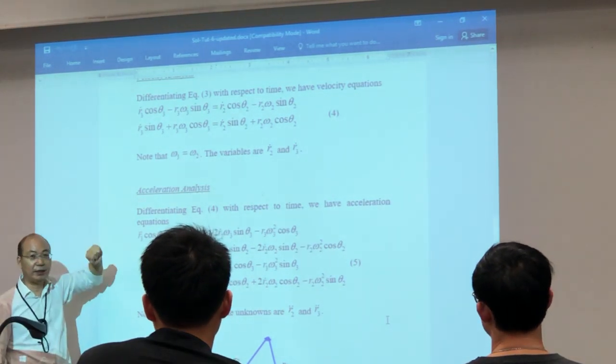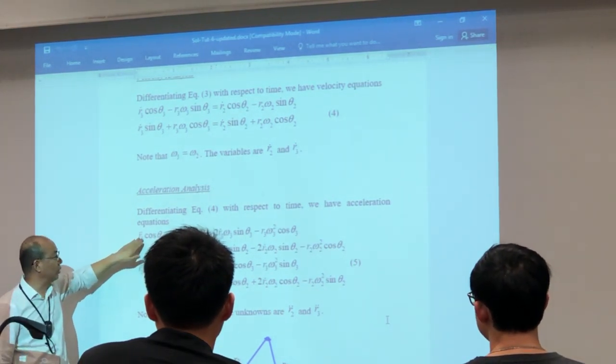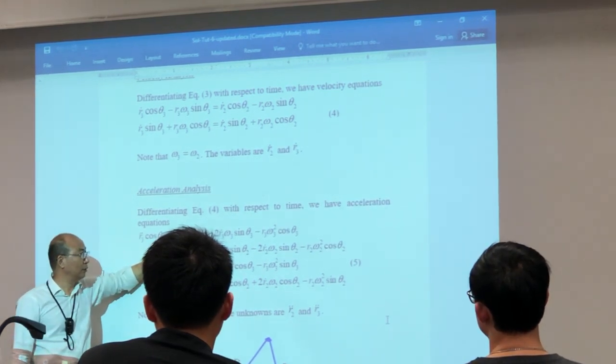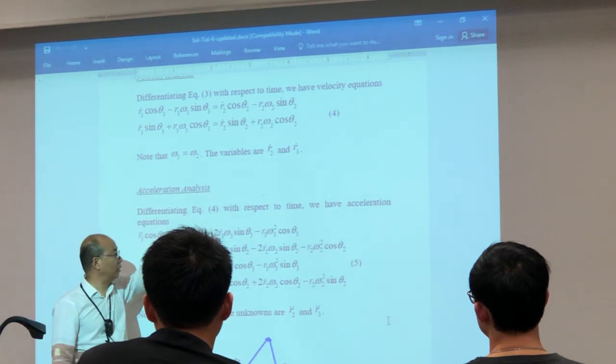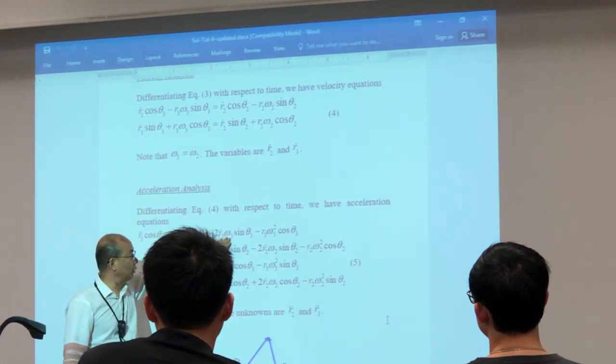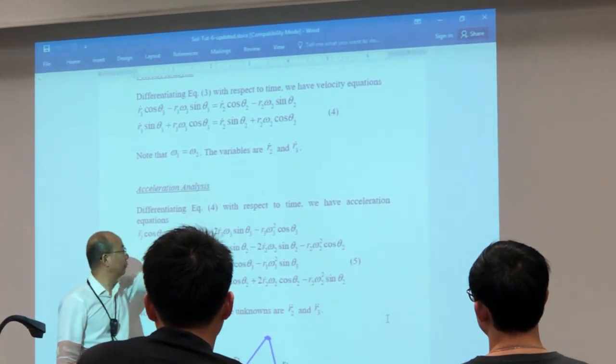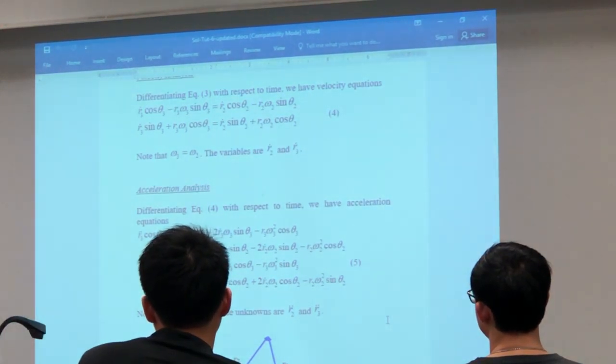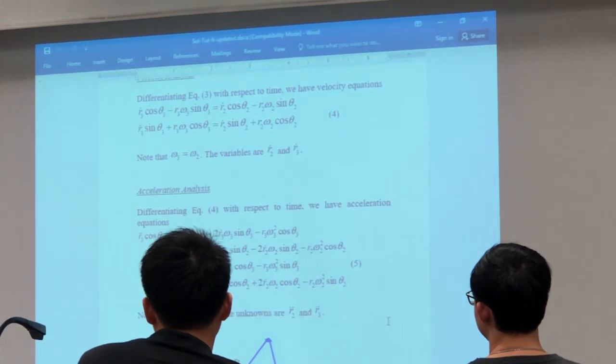You will have R3 double dot, alpha 3, R3 dot, omega 3, and omega 3 squared. R double dot means you differentiate one more time, so it's a sliding acceleration.